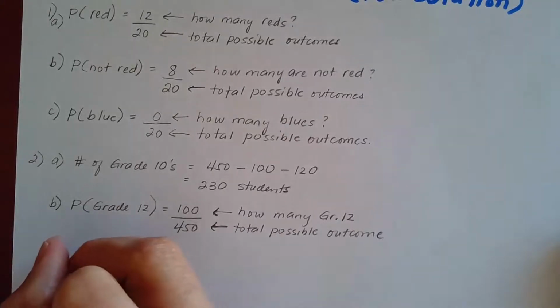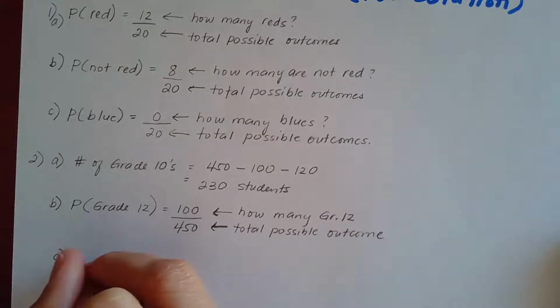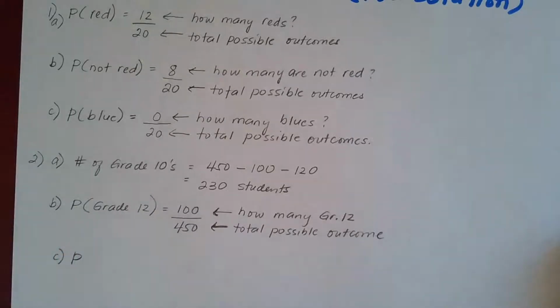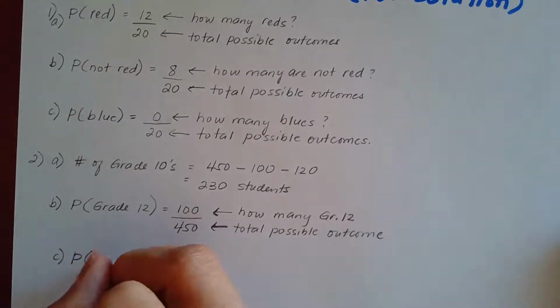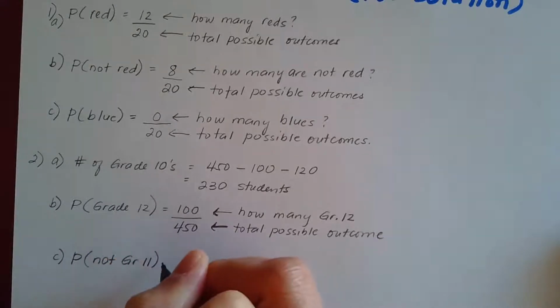And I'm just going to read number 2C. Determine the probability that the student is not grade 11. So what we're trying to figure out is the probability that the student is not grade 11. This is the event, not grade 11.